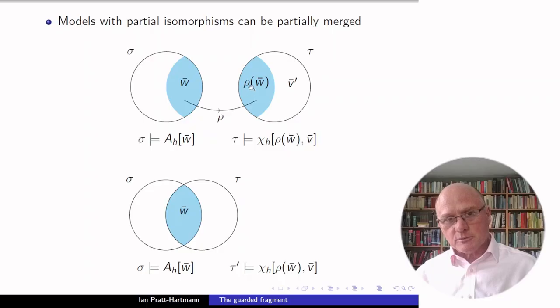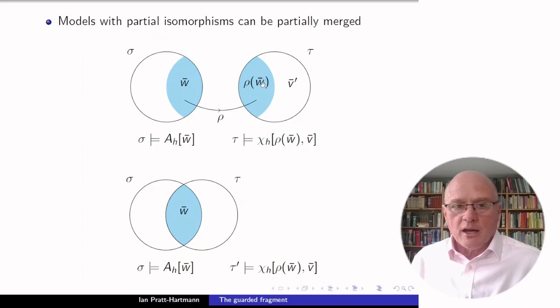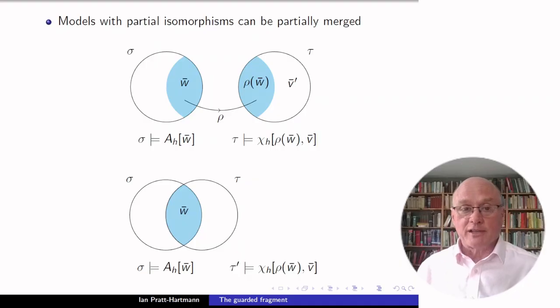The idea is that we identify the elements W bar of sigma with their images under this partial isomorphism, and we'll be able to perform this identification simply because it is a partial isomorphism. That is, elements satisfying any predicate here will be such that the corresponding elements in this type tau satisfy exactly the same predicates. So we'll be able to just identify them. That's the idea behind partial isomorphisms.